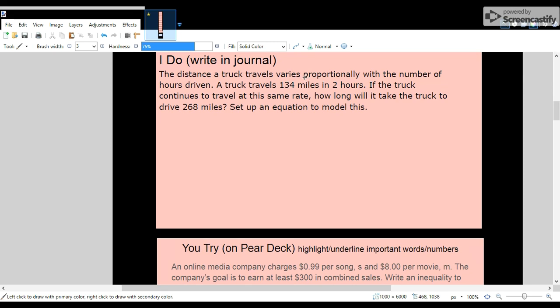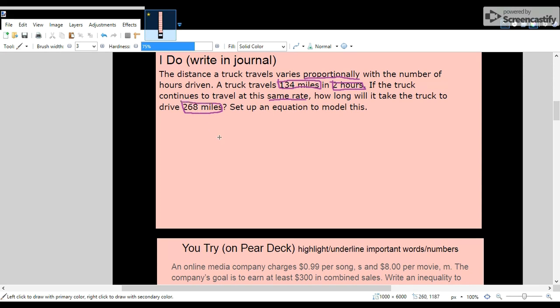Well, one of our key words is proportionally. And the truck is going to travel 134 miles in 2 hours. It's going to travel at the same rate, and it wants to know how long it'll be for 268 miles.